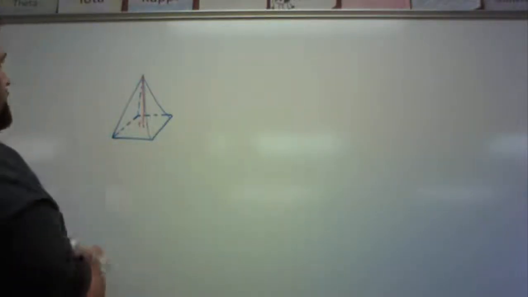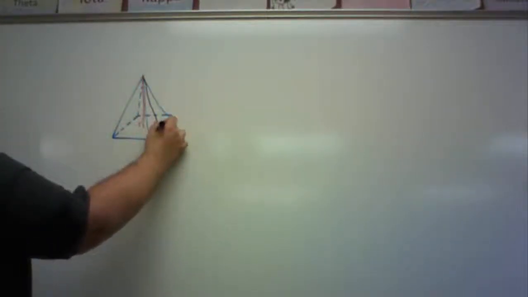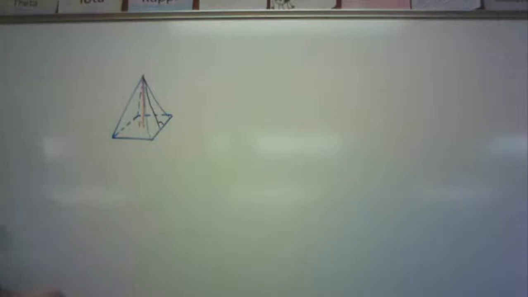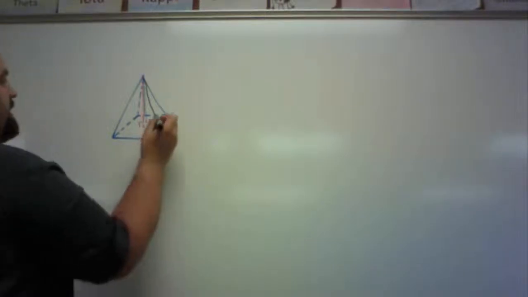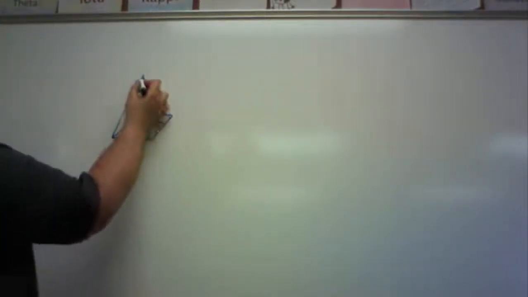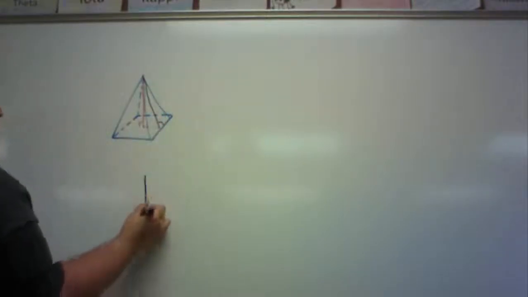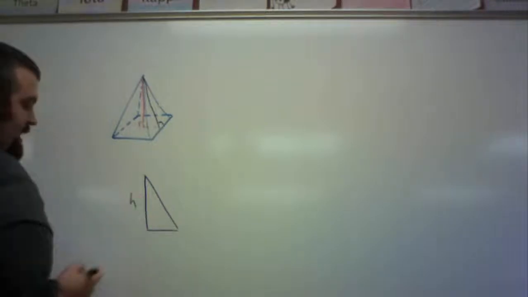Now, the slant height is what I'm going to need for my calculation here, and that's from here to here at a right angle. If I look very carefully, I see that if I connect this height and the slant height with a line, I'm going to get a right triangle here. That will look something like this, where h is the height.